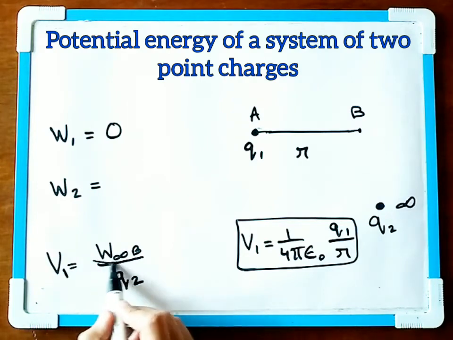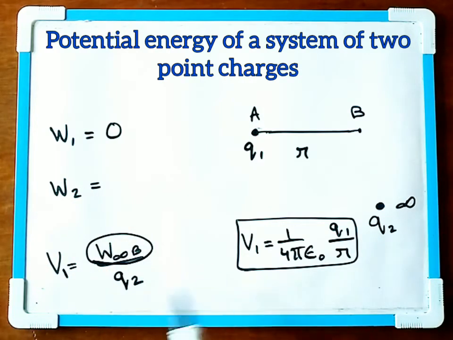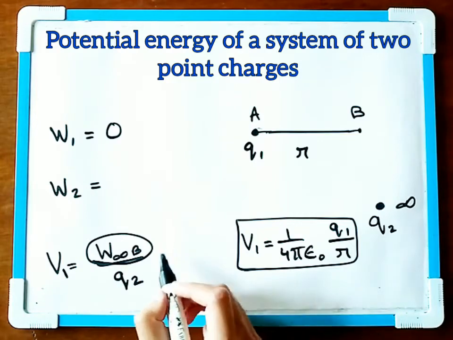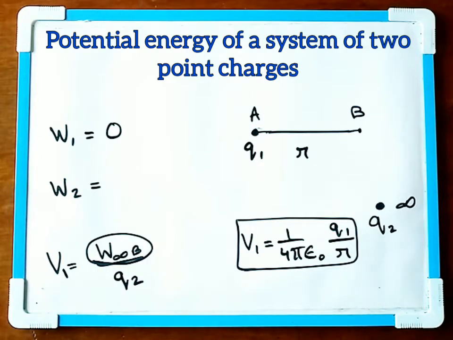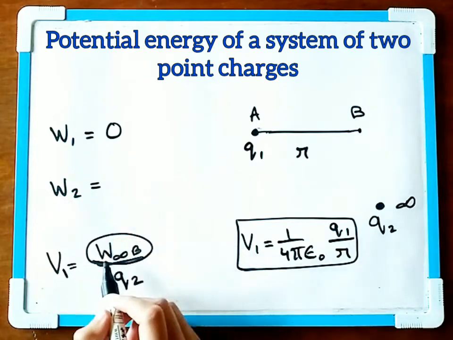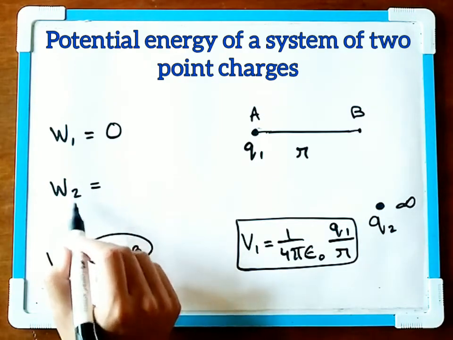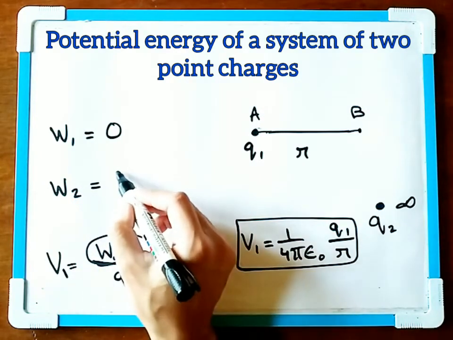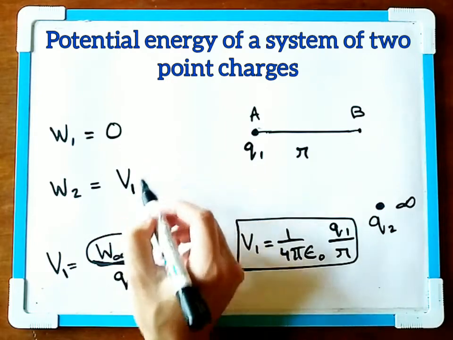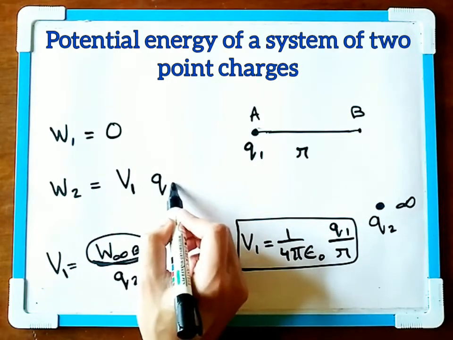Hence, the work done in bringing the charge Q2 from infinity to point B against the electrostatic force, which I'll write as W2, will be V1 Q2.